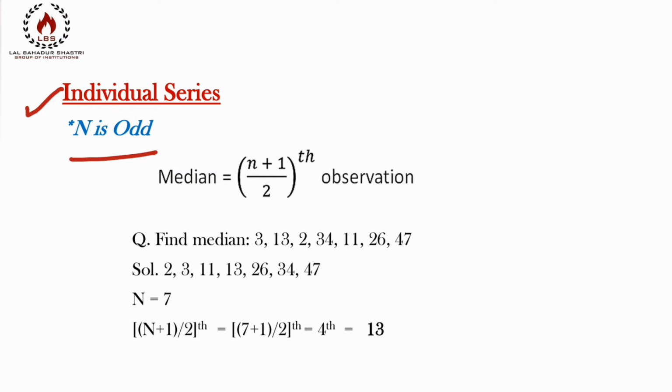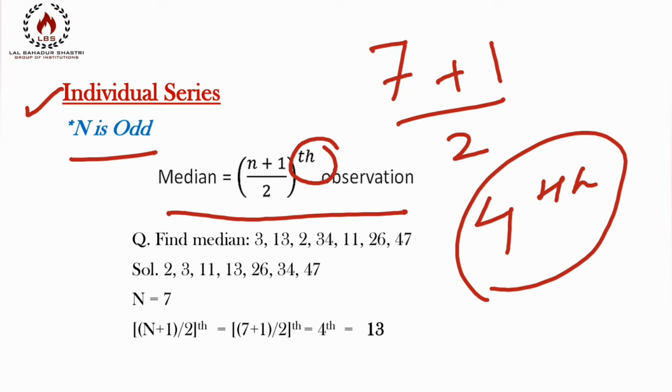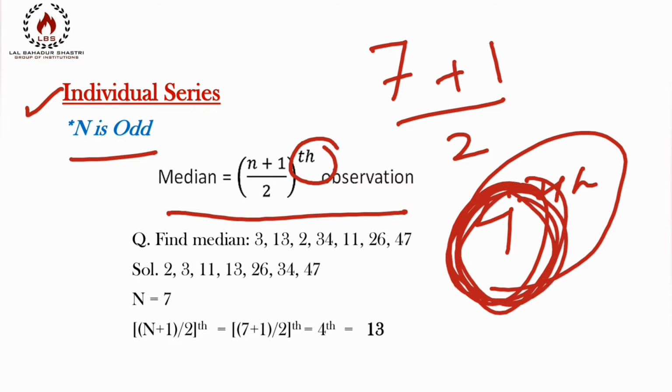If the number of observations is odd, then the formula is: median is equal to the (n plus 1) by 2 th value. This th shows it is the nth value. Suppose n is 7, then 7 plus 1 divided by 2 comes to 4th. That means the 4th value, not only 4. If this 4 comes, then this is not your median. This shows the position of median.